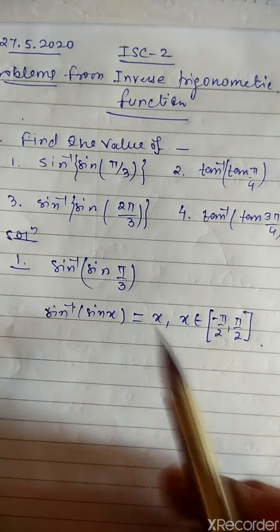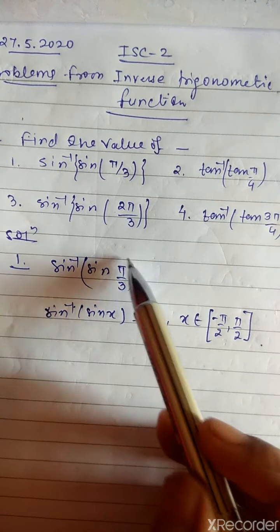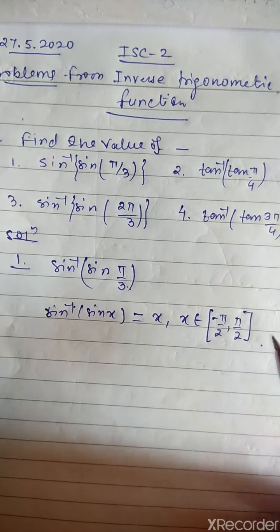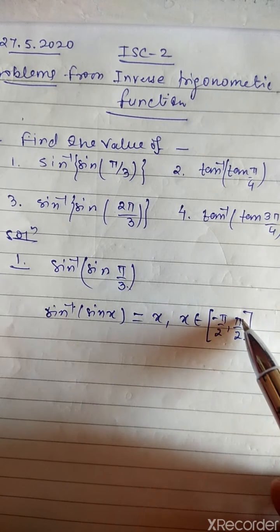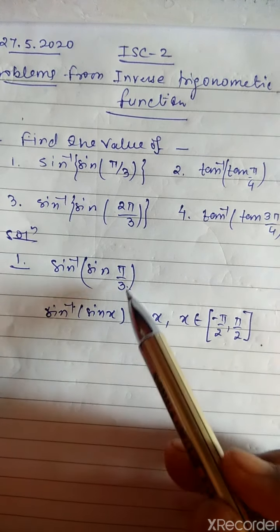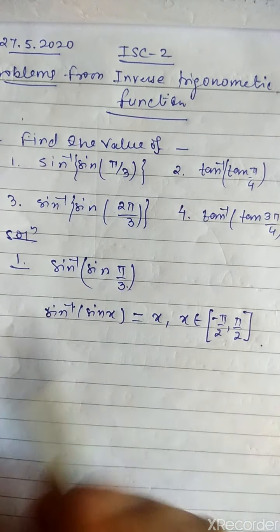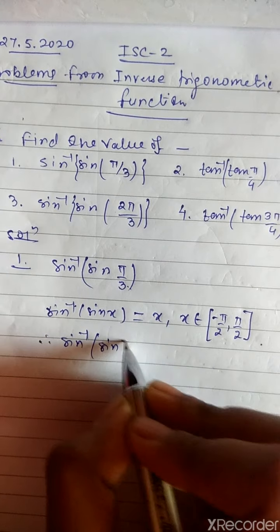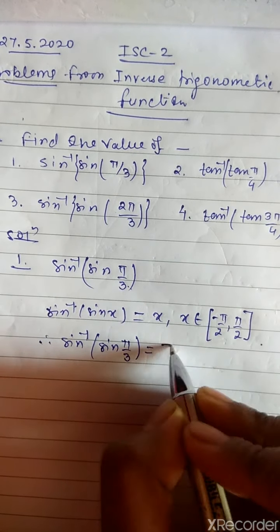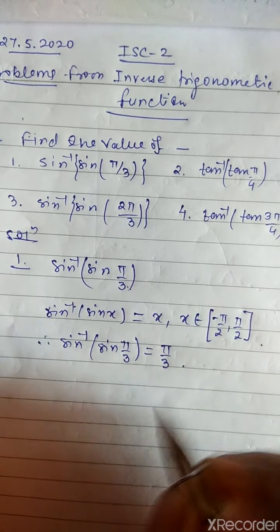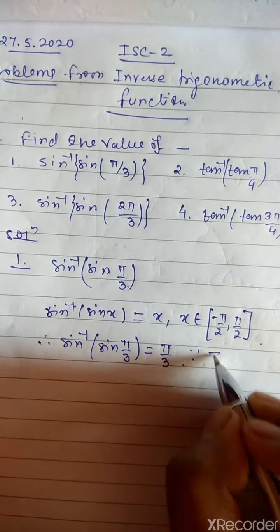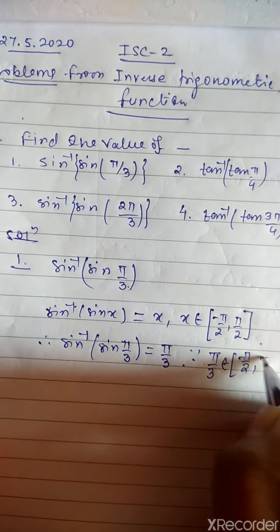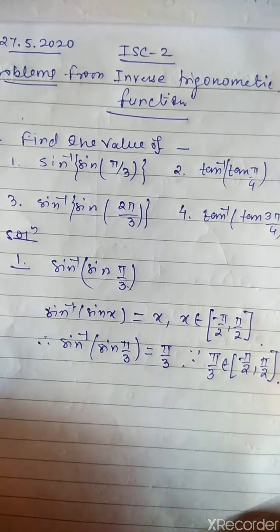Here the value is pi by 3, and pi by 3 lies between minus pi by 2 to plus pi by 2. Therefore, sine inverse of sine pi by 3 is equal to pi by 3, since pi by 3 belongs to minus pi by 2 to plus pi by 2.